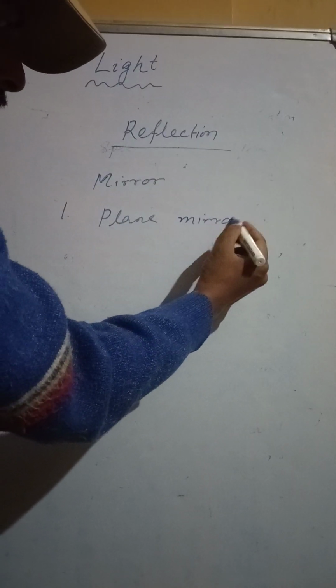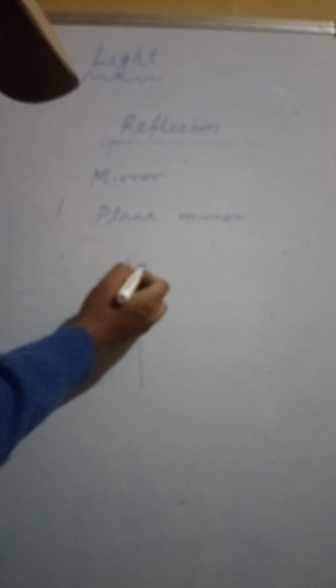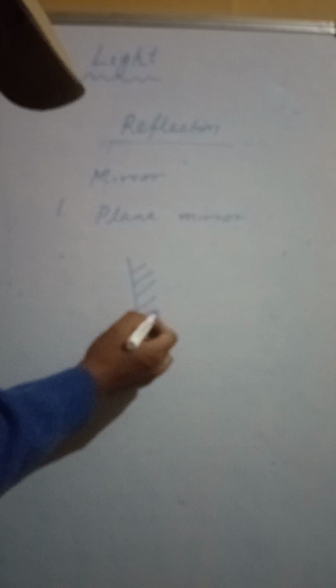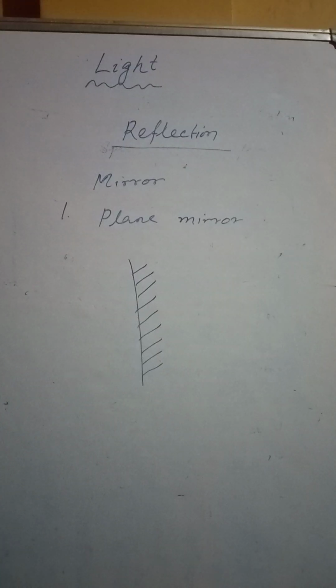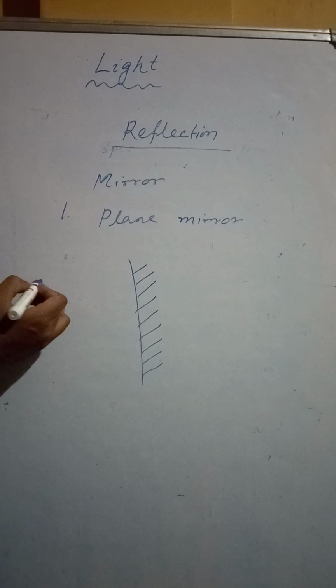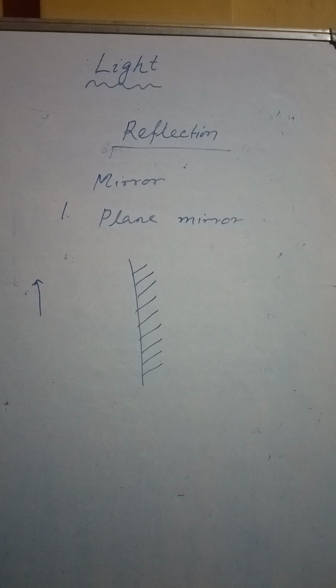First I will discuss the plane mirror, and how the image is formed in it. Suppose this is a plane mirror. The surface is plane, it is not a curved surface. Suppose there is an object here. How will the image be formed due to this plane mirror?